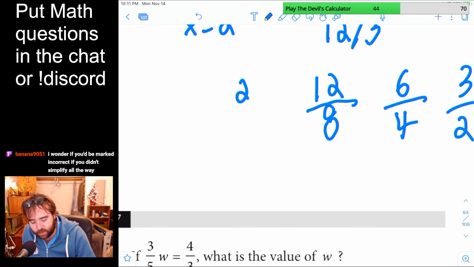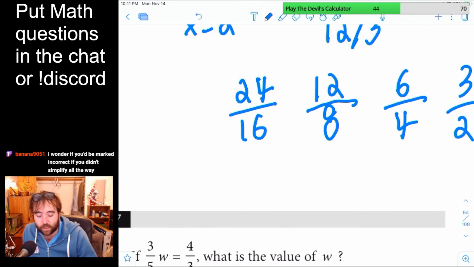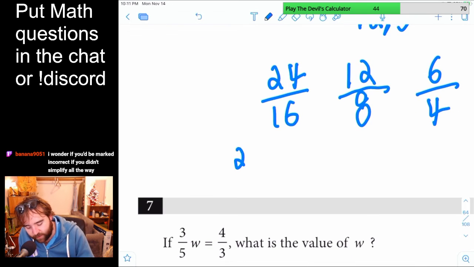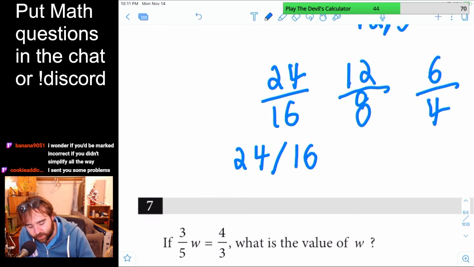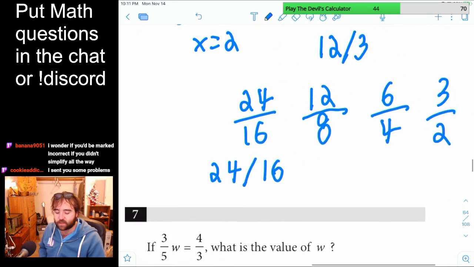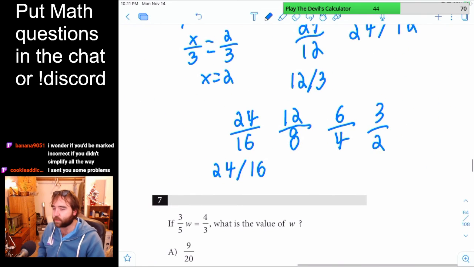But if you extended this to be like 24 over 16, that's equal to the same thing, but you're not able to grid that because when you try to grid it, you have to put it in like this with a slash to show the fraction, and see how that's 5 symbols now. And you can't grid 5 symbols. You can only grid 4 symbols on the SAT. So you'd have to simplify it at least to that, but you could leave it at that.